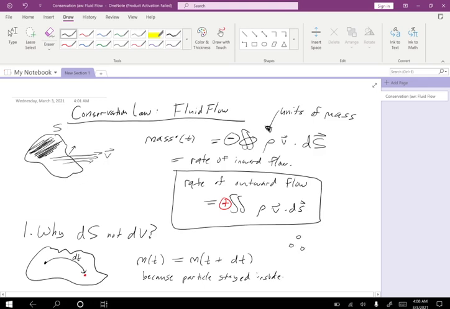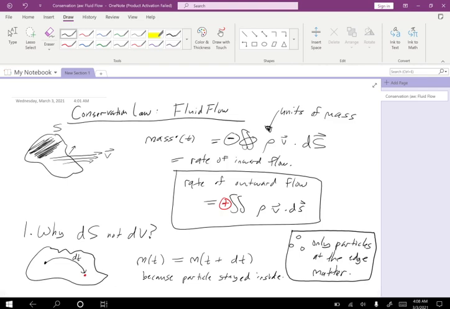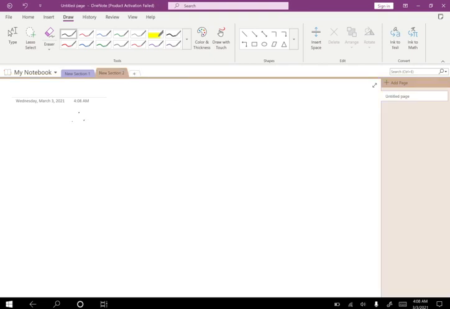So therefore, only particles at the edge matter. So this is exactly why we have a surface integral. So in other words, that derivative, we know it should look like a surface integral of some function for this reason.